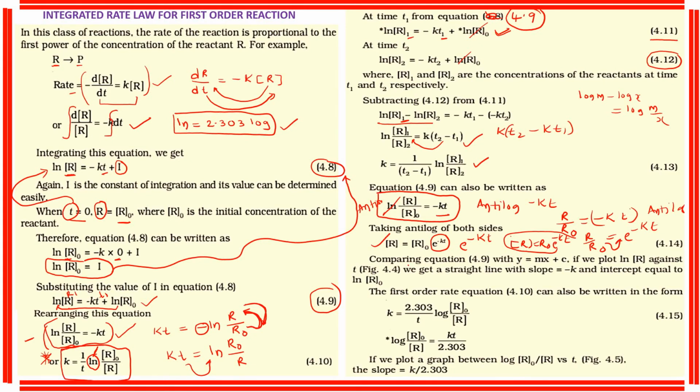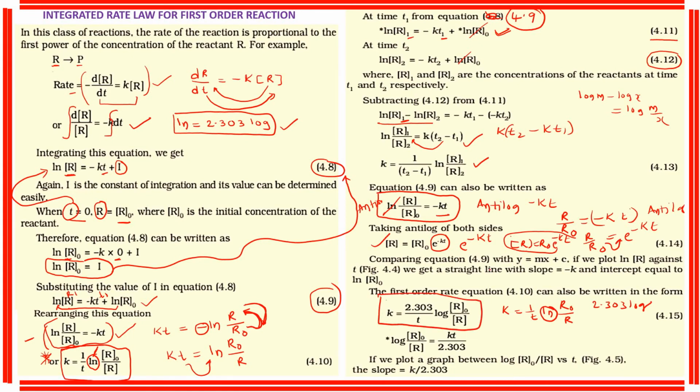So k is equal to, this is actually a formula, k equal to 1 by t into ln r0 by r actually. Now in the place of ln, I am taking 2.303 into log. When you substitute that value, you are going to get this formula here.